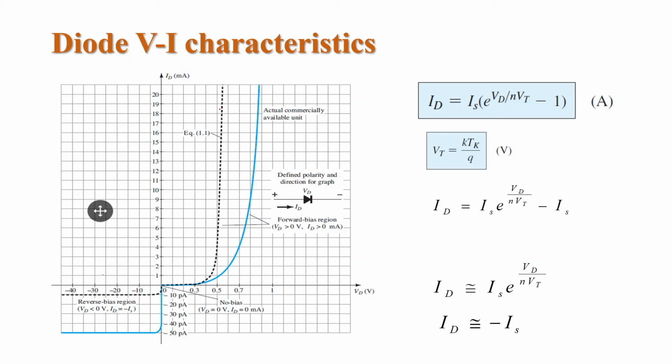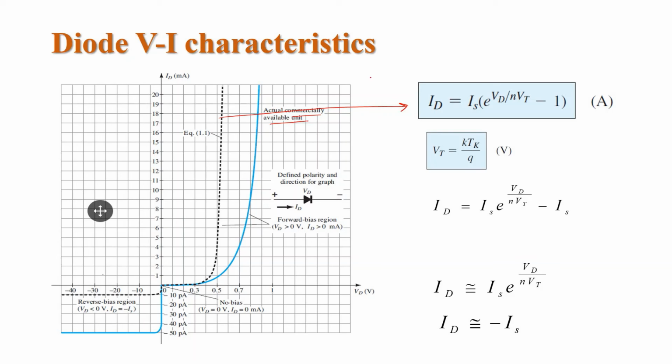This dashed line curve is the graphical representation of this diode equation, which relates ID with VD, and the solid blue line curve represents the behavior of the diode which is actually available in the market. So the commercially available unit is slightly different from the theoretical model of the diode.